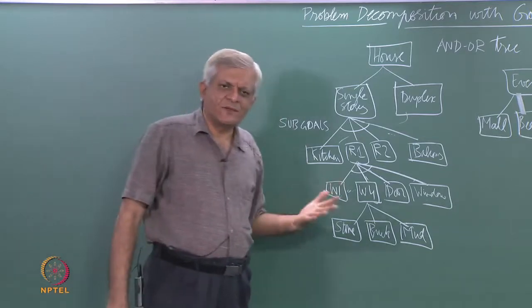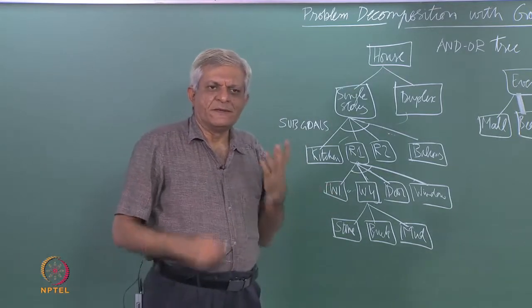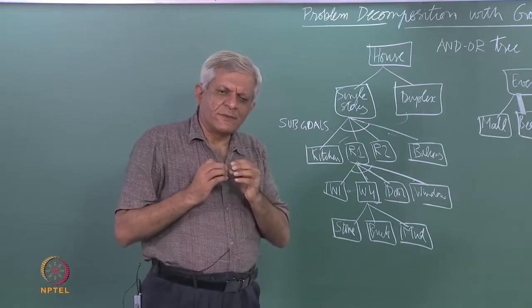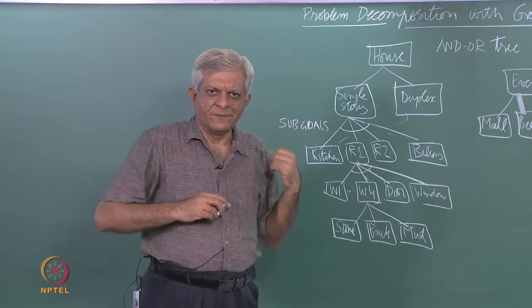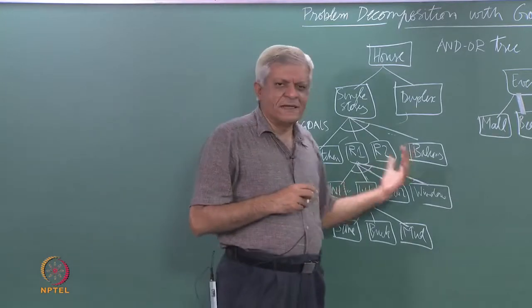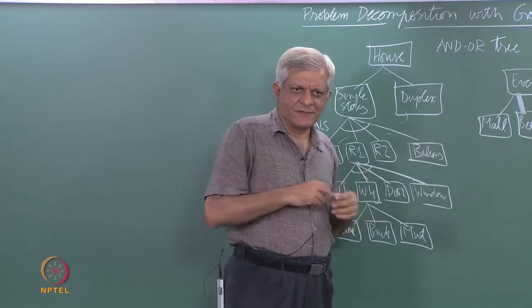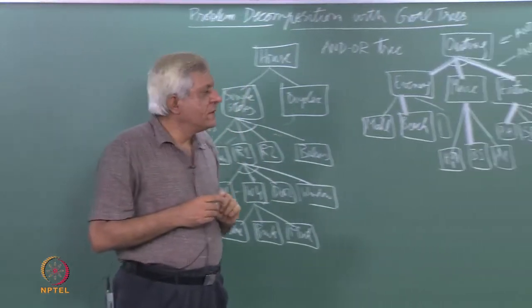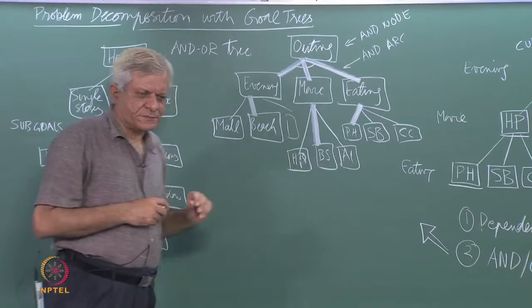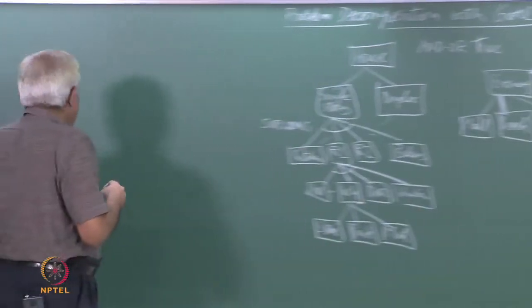So, till what extent do you break down a problem? You break it down till the problem is so simple that you have a solution already available essentially. So, I will illustrate that with the next example that we see, which is from one of the first systems that was to use AND OR graphs essentially.